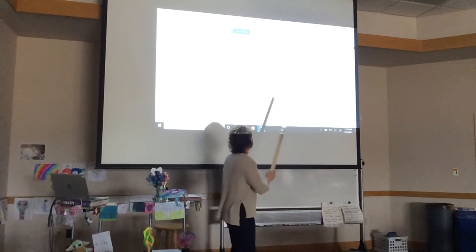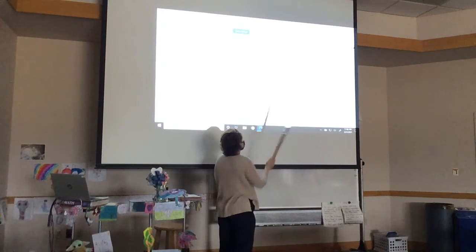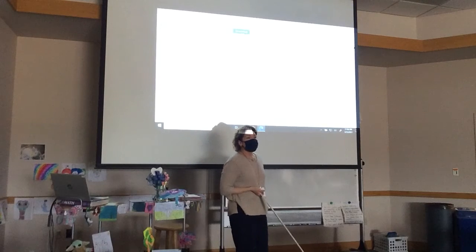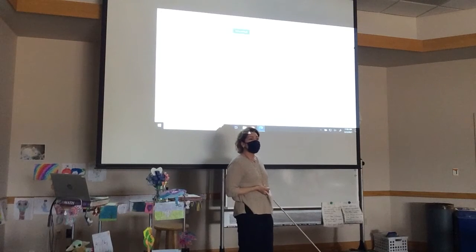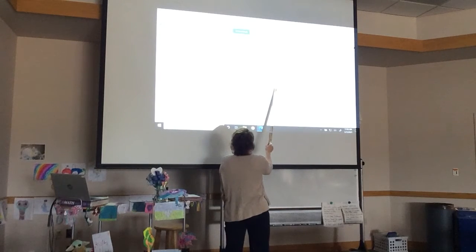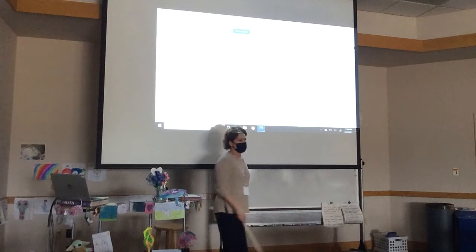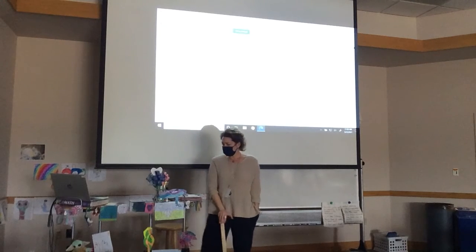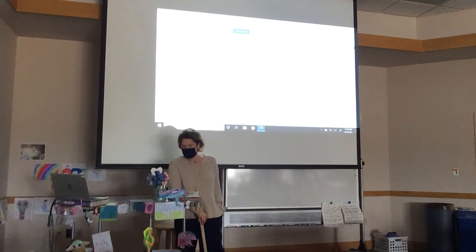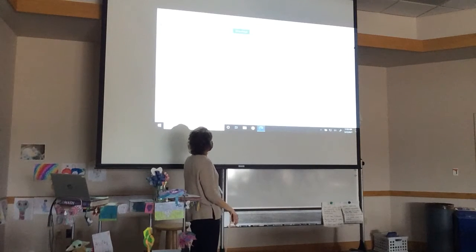We're supposed to find the what? Triangle. So in order to find the numerator, we have to count the triangles. So let's do that. 1, 2, 3, 4, 5, 6, 7, 8, 9. What is your fraction, friends? 9/15. Very good.